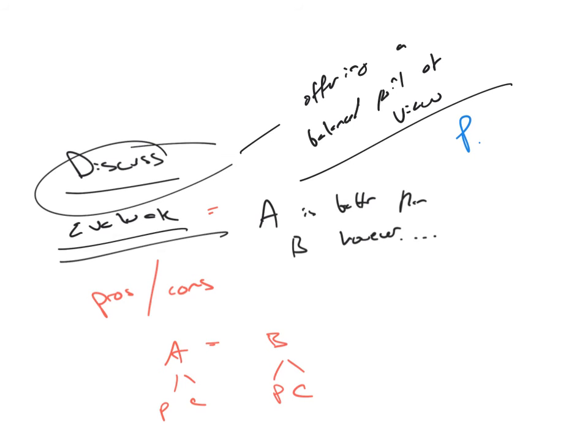You have your P, you have your E: you make your point, you explain your point, and you give an example. And for a discussion question, just offer a balanced point of view. So show both sides of the example.